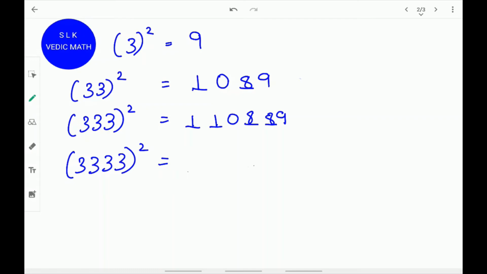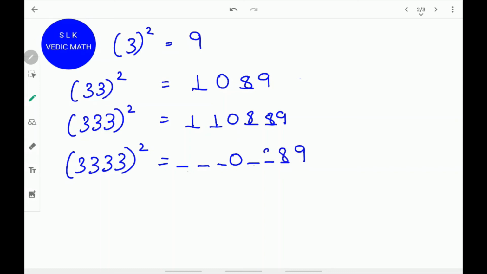Let's try another example. 3,333 square. Write 9 as 09 with a little bit more space. Since there are 4 3's in 3,333, there are supposed to be 3 digits on each side. 1 less than 9 is 8.